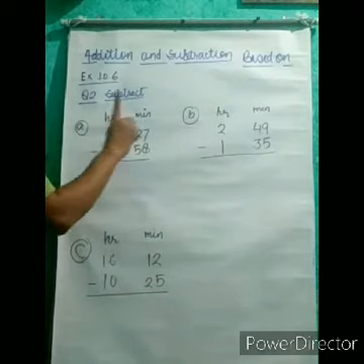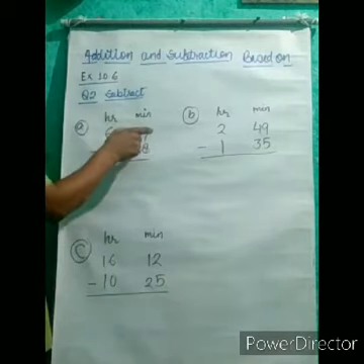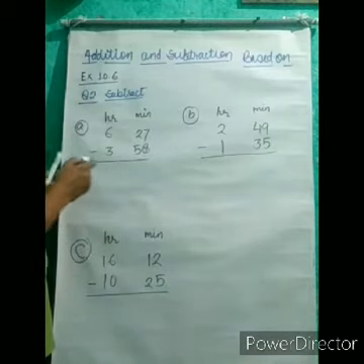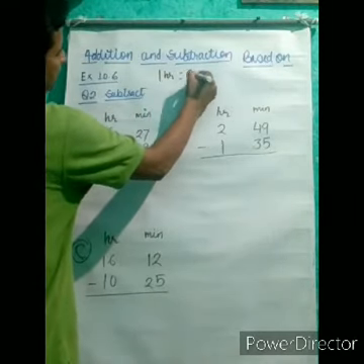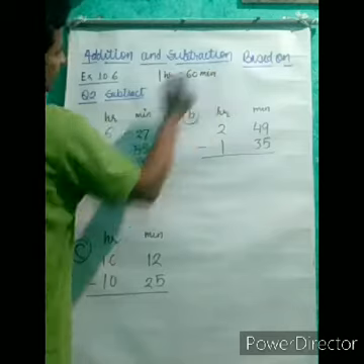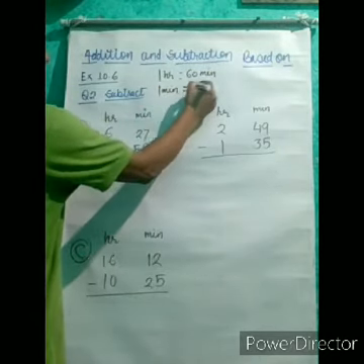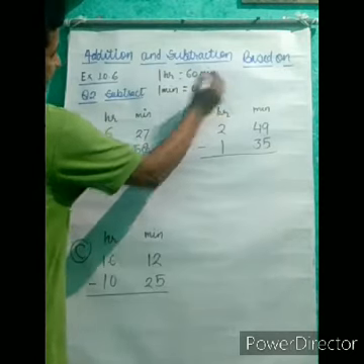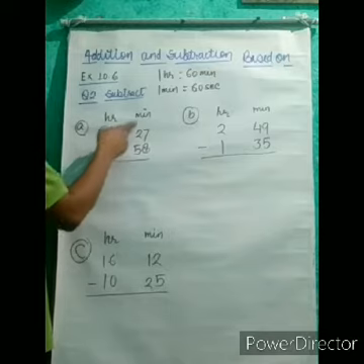So from 6 we will take 1 hour as borrow. You know that 1 hour is equal to 60 minutes, and 1 minute is equal to 60 seconds.